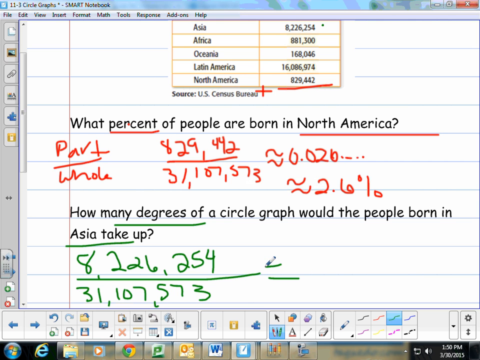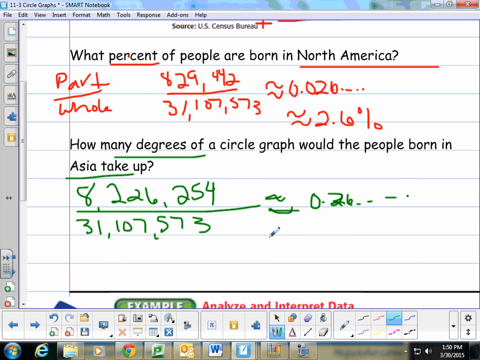When I do that, I get approximately 0.26, which is the same as 26%. Then I take 26% of a circle, since I'm looking for degrees, and I get 93.6 degrees.